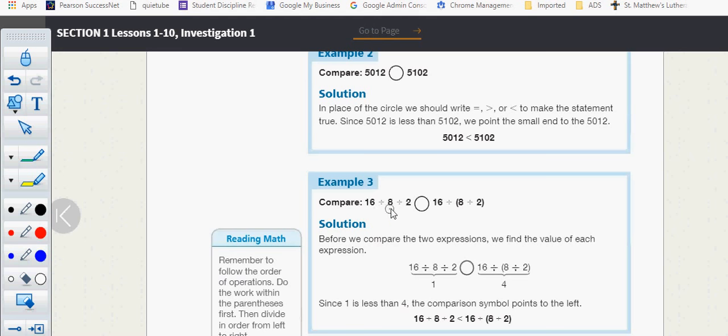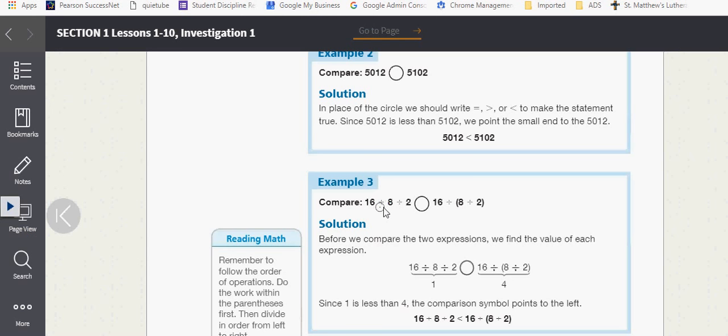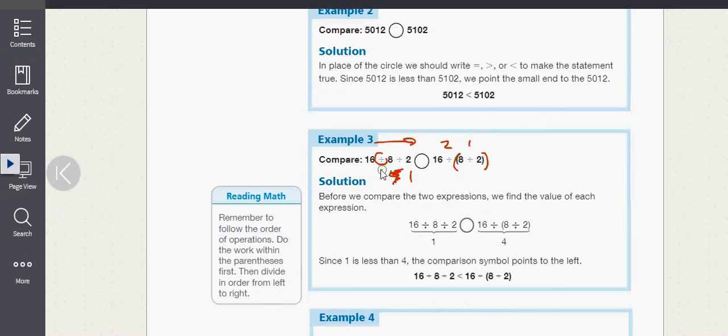Obviously the numbers are all the same, even the operations are all the same, but we have what's called the associative property where we group differently, which means we have to do this part first and then this part, as opposed to here where we go purely left to right. So of course 16 divided by 8 divided by 2 is going to come to 1, because 16 divided by 8 is 2, and 2 divided by itself, any number divided by itself, will be 1.